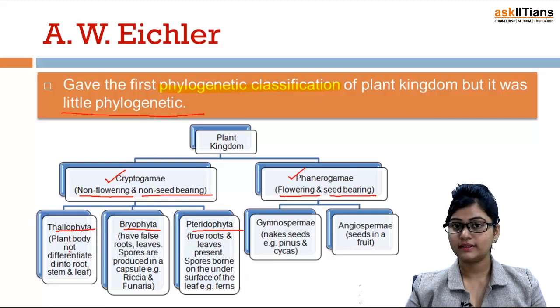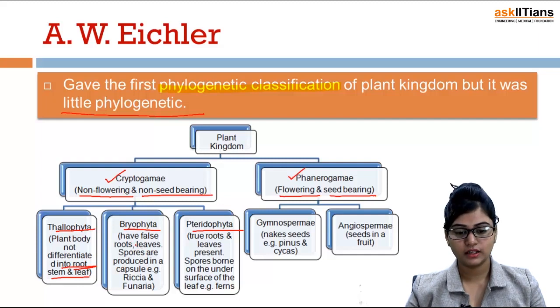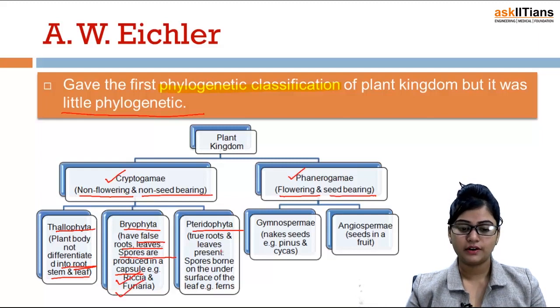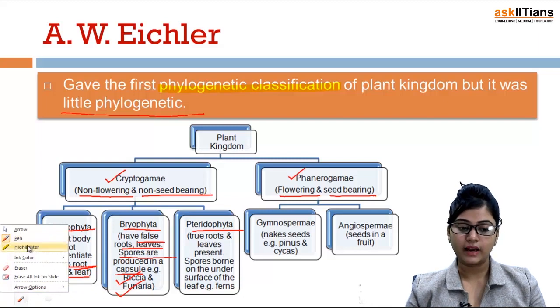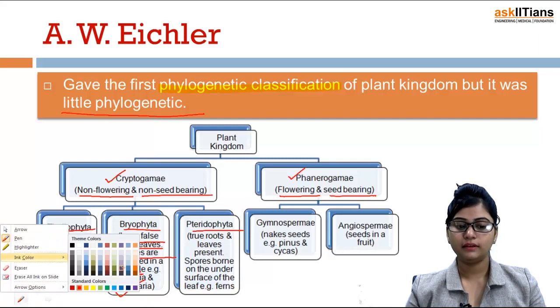So what are Thallophyta? The plant body is not differentiated into root, stem and leaf. While in Bryophyta, they have false roots and leaves. Spores are produced in a capsule, for example, Riccia and Funaria. In Pteridophyta, what is happening?